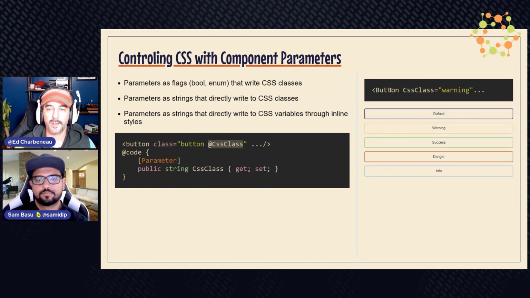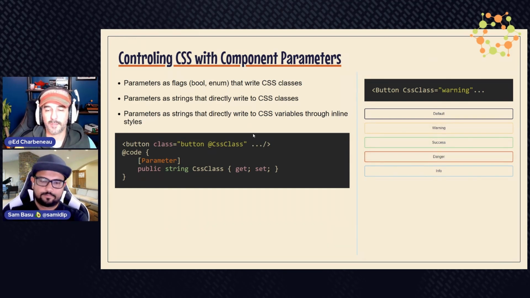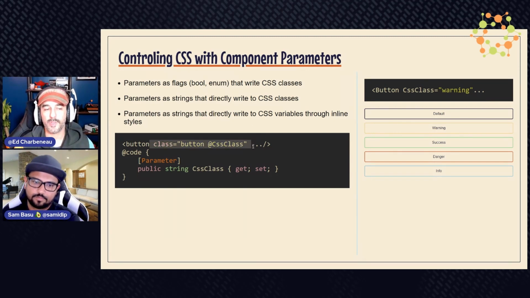So I can say a button warning, and I get the yellow button here. If I say button danger, I get the red button. So I can actually make my components very flexible and unique by using something like this, where we're inline creating a CSS class through the parameters that we assign to the component.